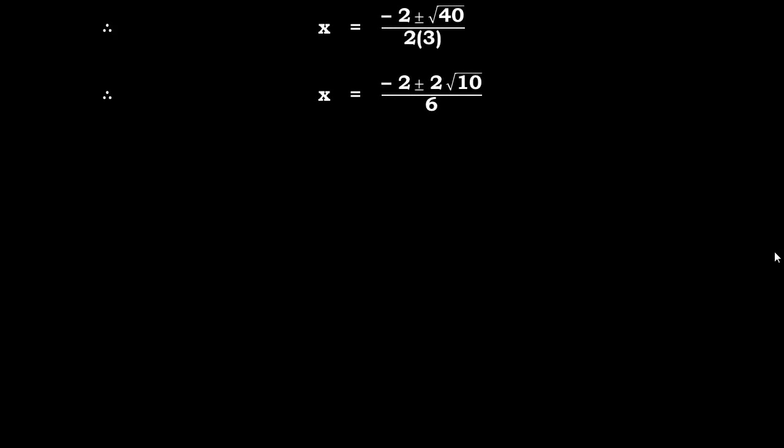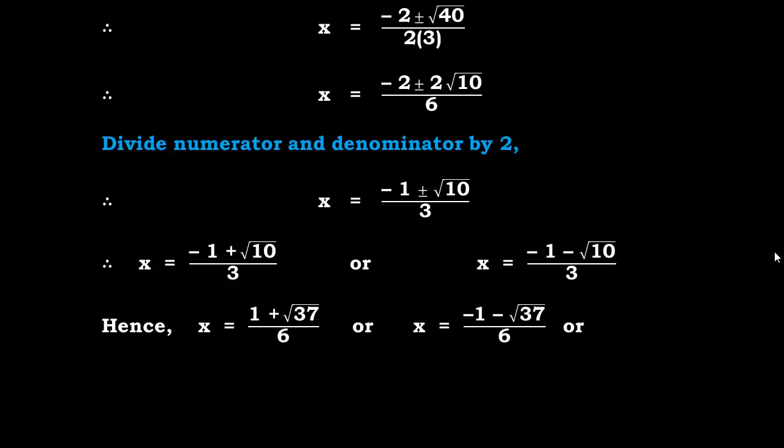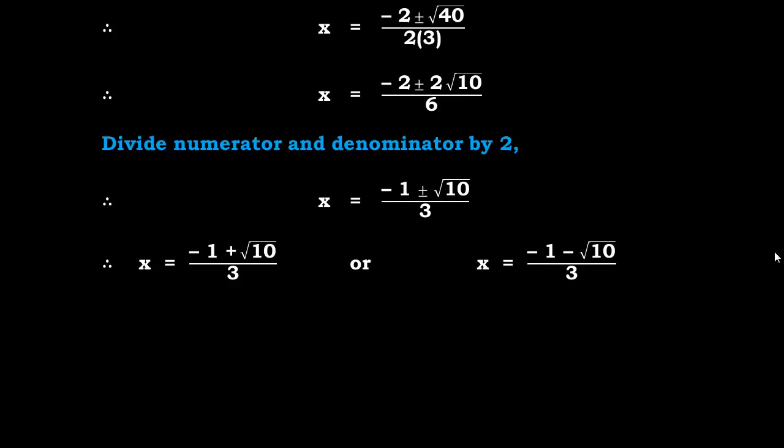That means x is equal to minus 2 plus minus 2 root 10 upon 6. Divide numerator and denominator by 2. We get x is equal to minus 1 plus minus root 10 upon 3. So x is equal to minus 1 plus root 10 upon 3, or x is equal to minus 1 minus root 10 upon 3.